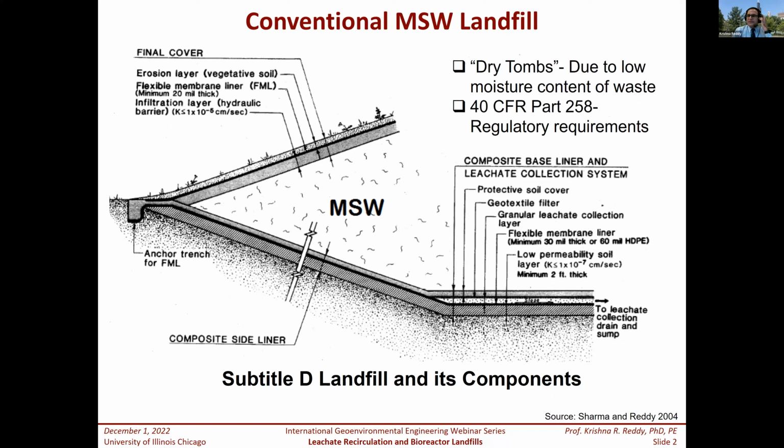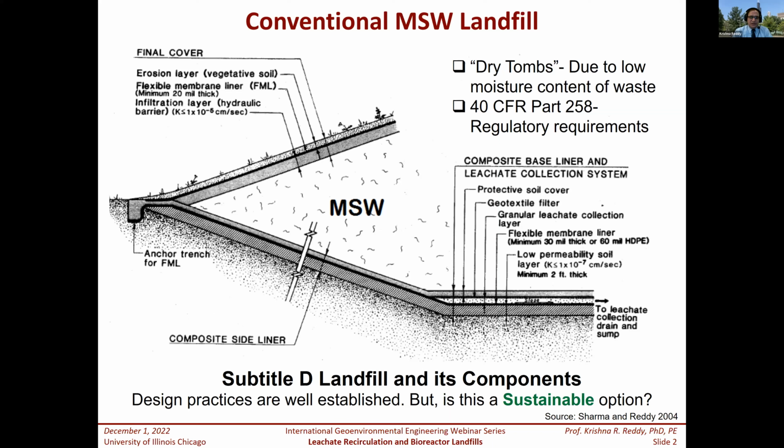These are also known as dry tombs, because you're not allowing any moisture to be collected or retained in the waste itself, because any leachate that goes to the bottom gets removed, and you're not allowing any infiltration of rainwater or any kind of water getting into the waste. So these are all in 40 CFR Part 258. Those are the regular requirements. You can look at it.